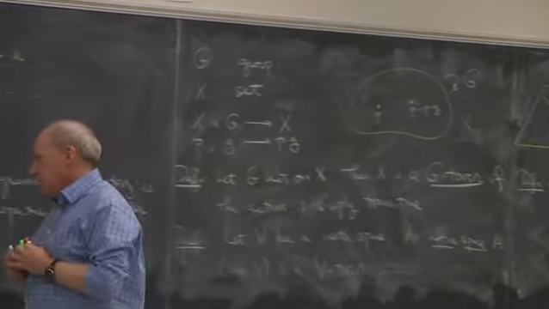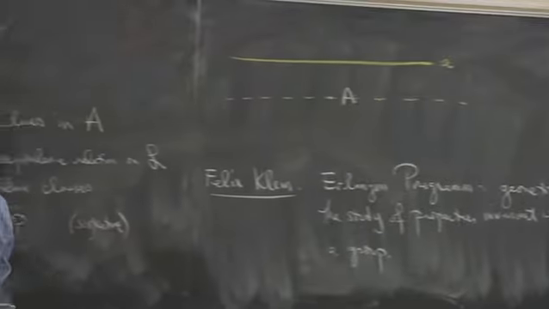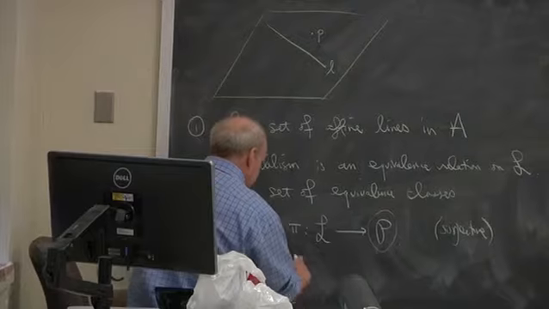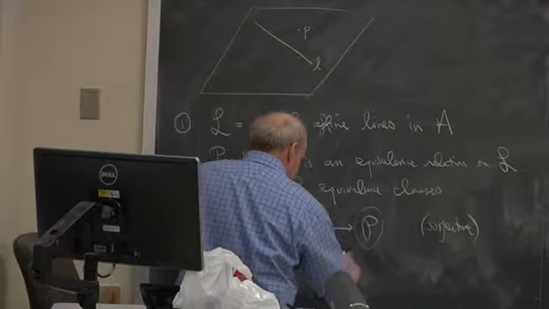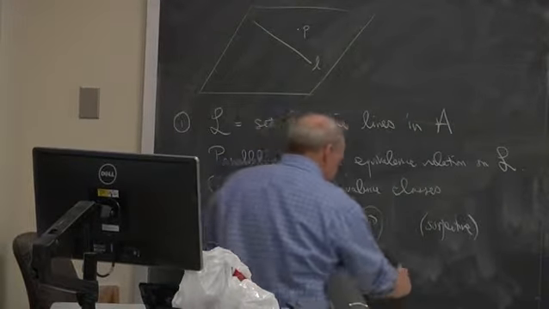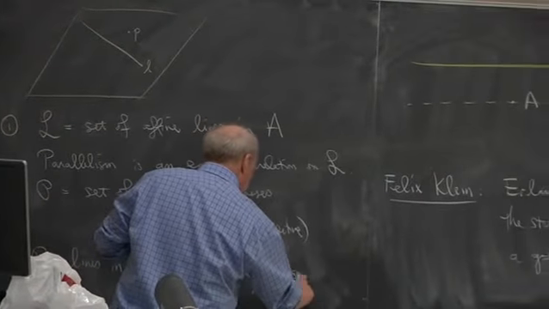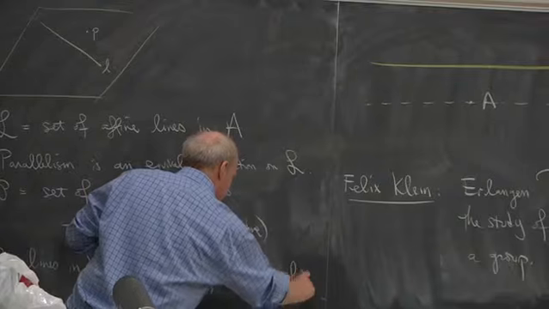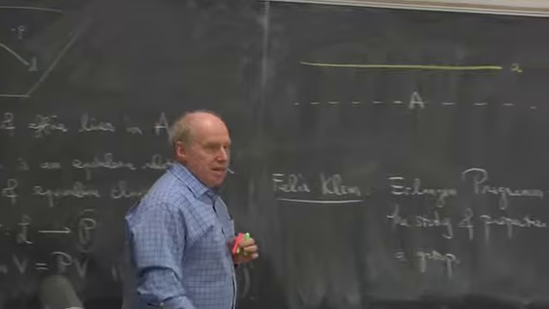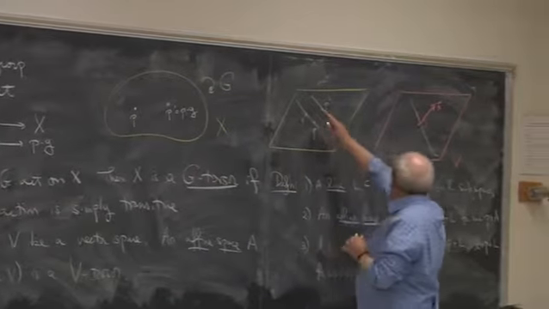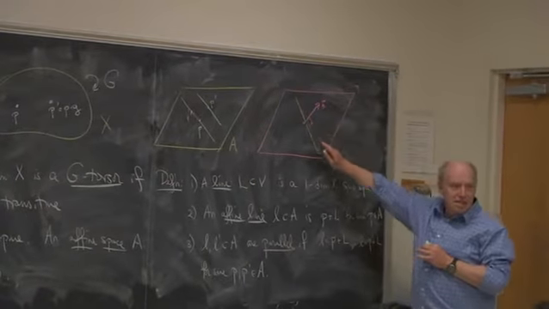Good. So, in fact, P is the set of lines in V, which we write as PV, which is called the projective space of V. Why is that? Well, every affine line has an associated line here in the vector space.